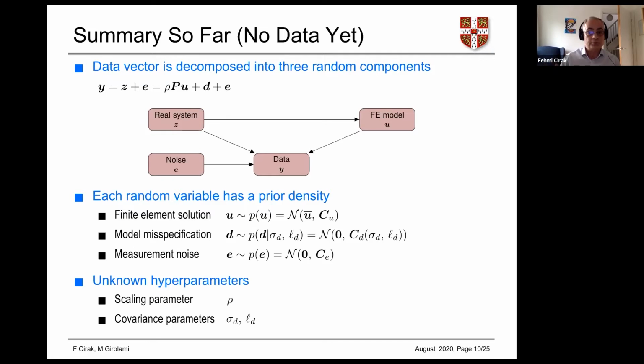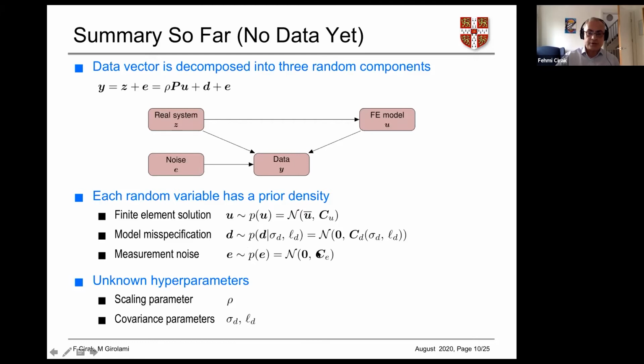So far we are just talking about the model, which is based on the decomposition of the measurements into a finite element component U, a mismatch component D, and the sensor noise E. Then we looked at the densities of these random variables: finite element solution, model mis-specification, and measurement noise.